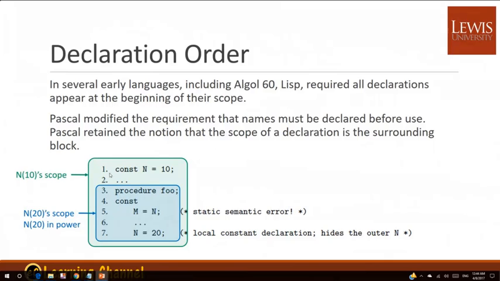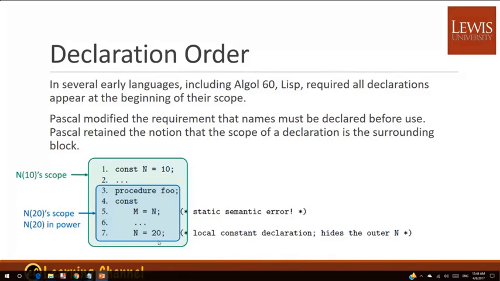So for example, we define a constant n, that's the green label, and we define another n, that's the blue n, that's inside this main function. It is procedure foo. And this n will be valid inside this whole blue area. So if there is a constant m equals n, this n will not be the outside n, it will be the inside n.